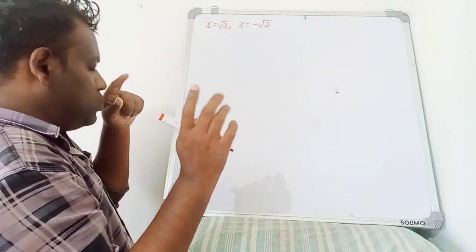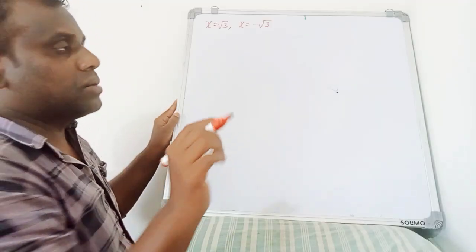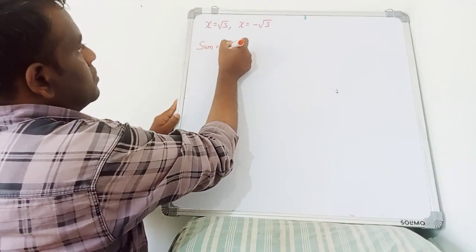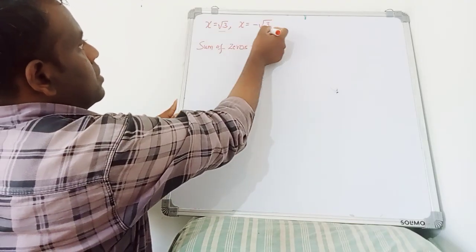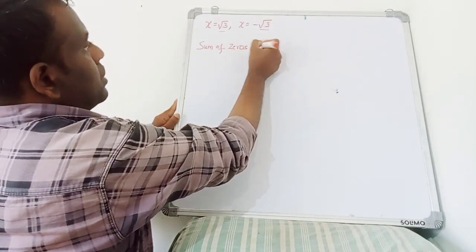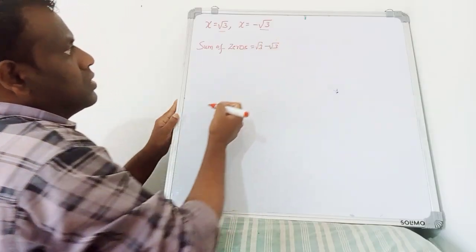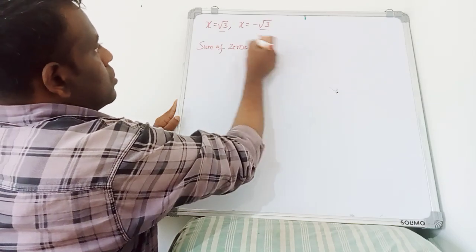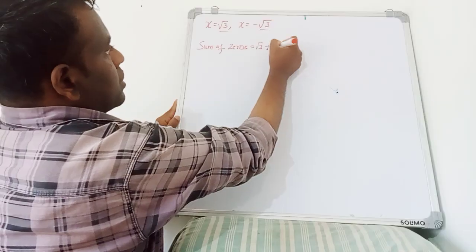So first, find the sum of zeros. Sum of zeros, that means add this and this. Sum means add. So root 3, this minus root 3. Actually sum means this root 3 plus, sum means adding, we have to put plus then minus root 3 like this.